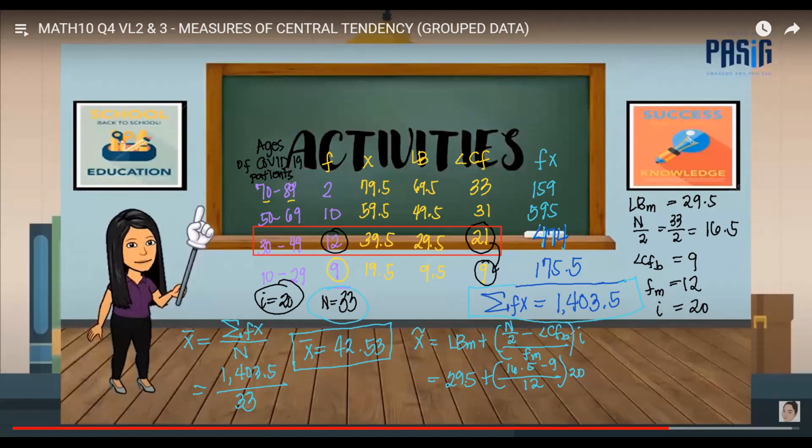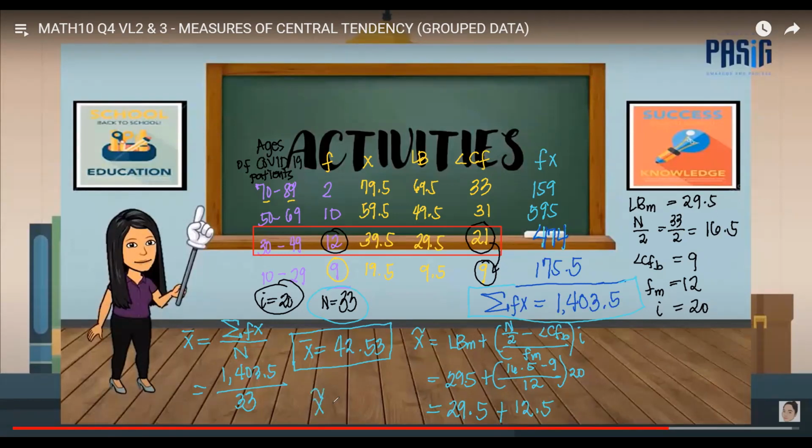Sunod is i-multiply naman natin siya sa 20. 0.625 times 20 is 12.5 po, ma'am. 12.5 plus 29.5, ano yung magiging answer natin?